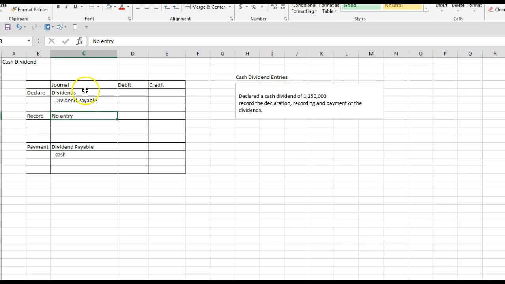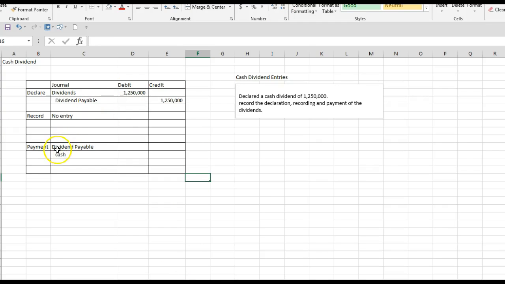It's just notated when the original declaration is made. So what accounts do I need? Well, I know I'm paying dividends, and I know I'm not paying them out right now. So that actually means I'm going to have a payable listed on it. So that's my first entry.